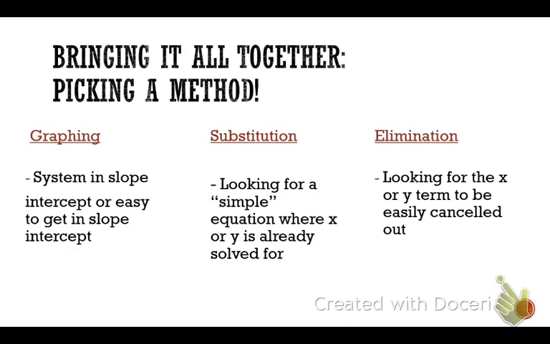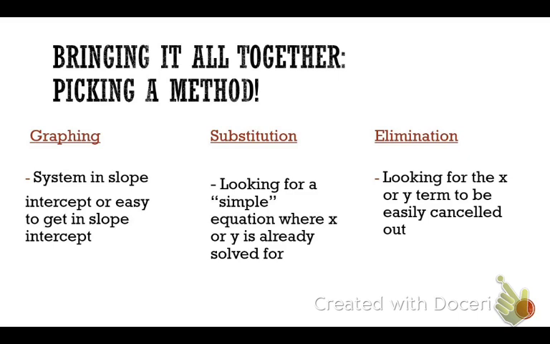Next slide. Let me give you an outline of what your quiz and tests are going to look like. You're going to have a graphing section, a substitution section, and an elimination section. Then you're going to have a section for special equations.